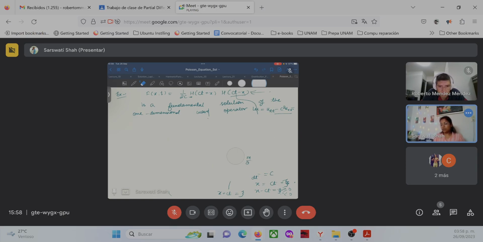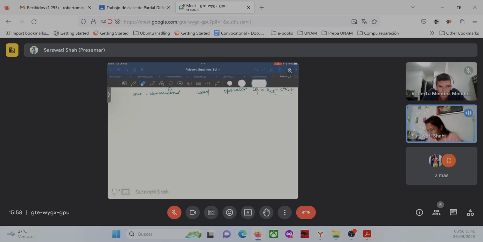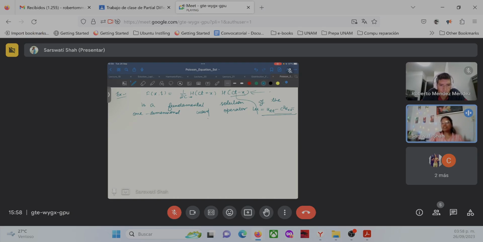Every time I write the solution of the wave equation, the first thing that should come to your mind is the advection equation, because you are very much aware of the advection equation.